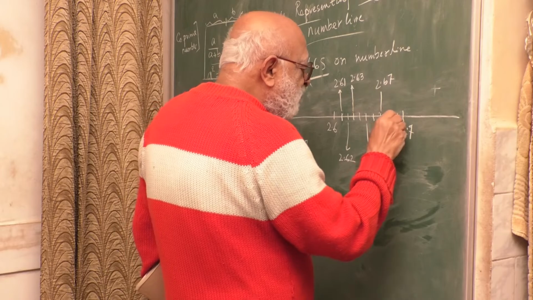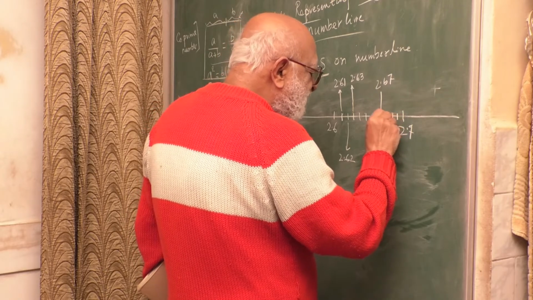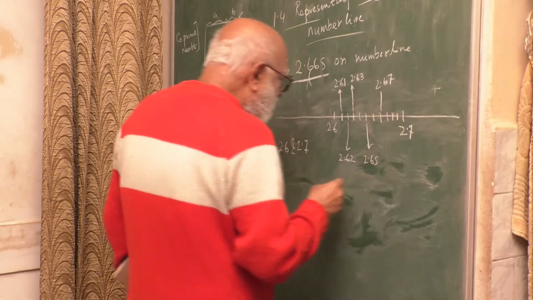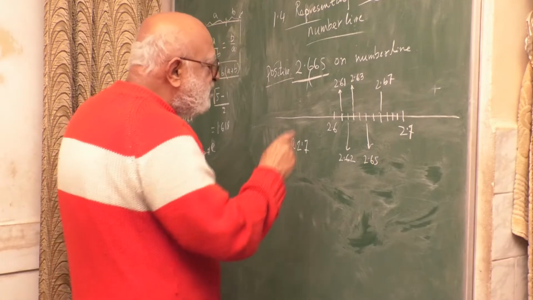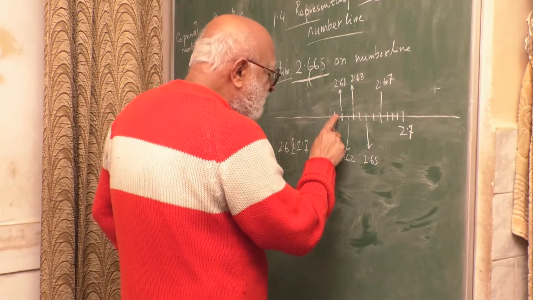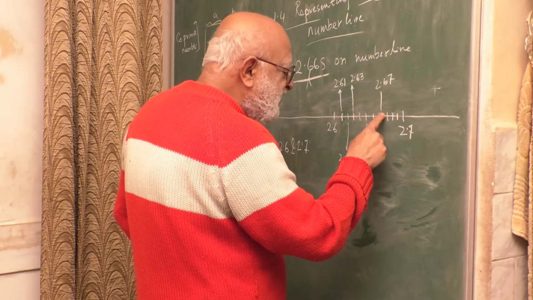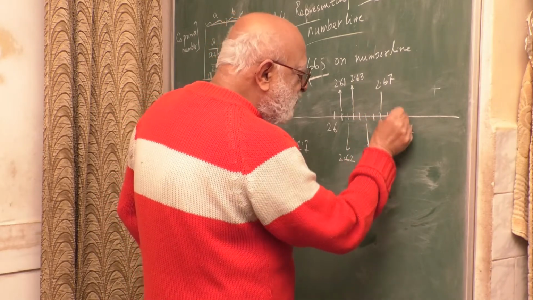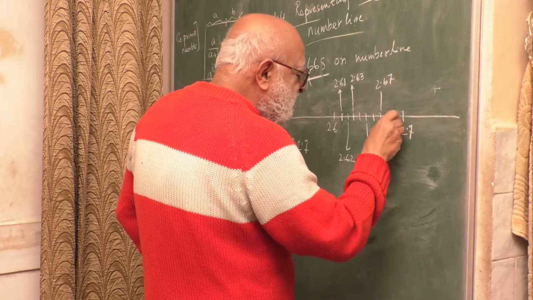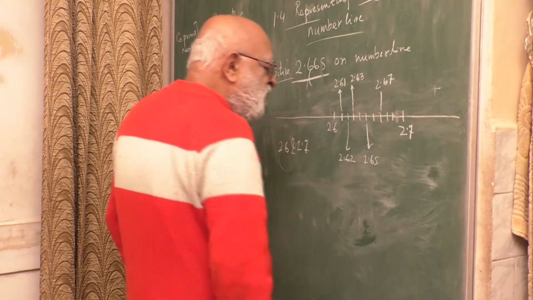This would be about 2.68, 2.69. So this is the way. I have divided into 1, 2, 3, 4, 5, 6, 7, 8, 9, and this one will be 10. So that should not be, so be careful.